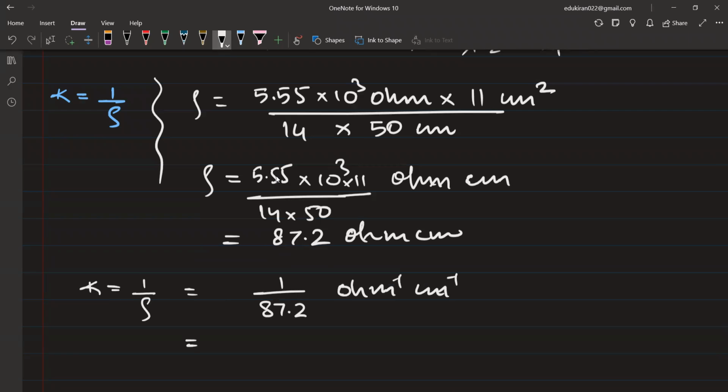What will be the value of this number? 1 upon 87.2, 0.0114 है, तो ठीक है. सीमेंस पर सेंटीमीटर है ना?